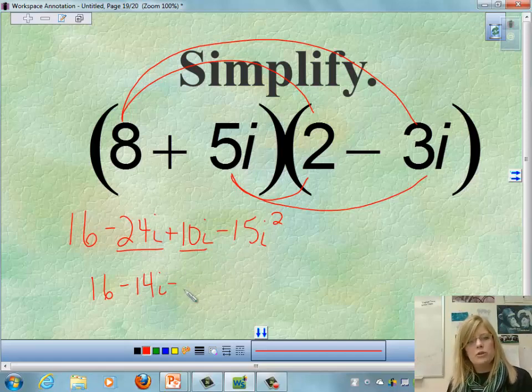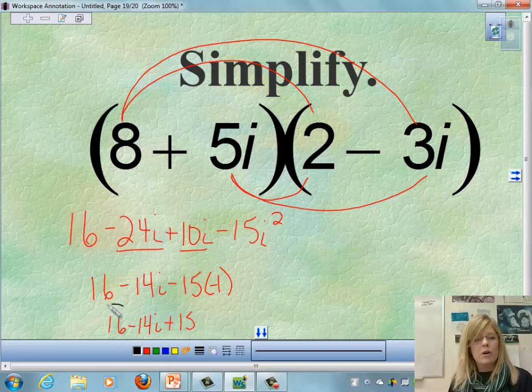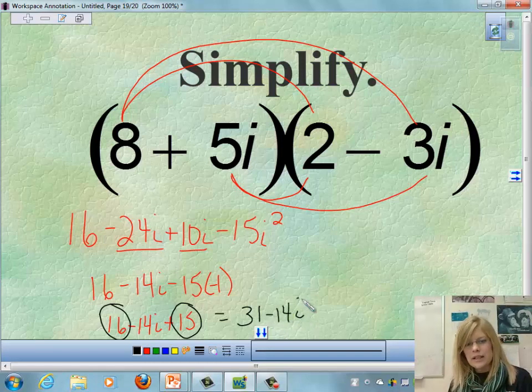Go back to your notes. Remember, i squared is like saying a negative 1. Keep going. I got 16 minus 14i. Negative 15 times a negative 1 is a positive 15. Are we done yet? Heck no, heavens no. We can combine 16 and 15. That makes 31 minus 14i.